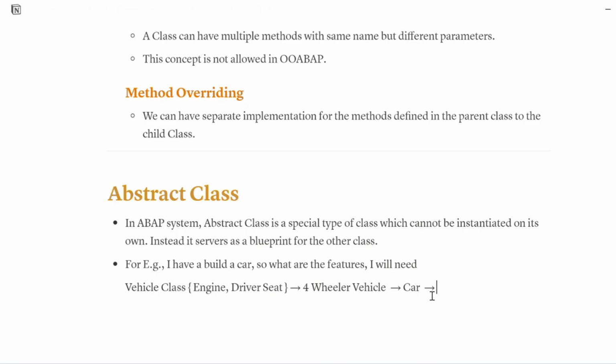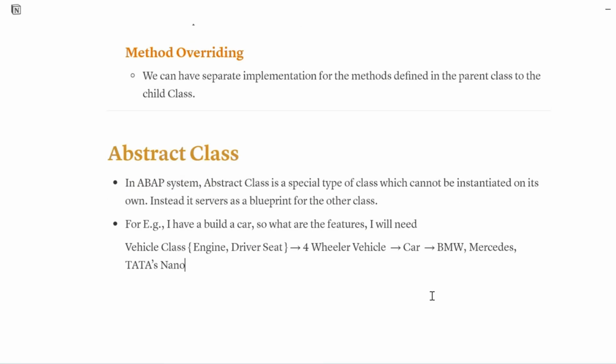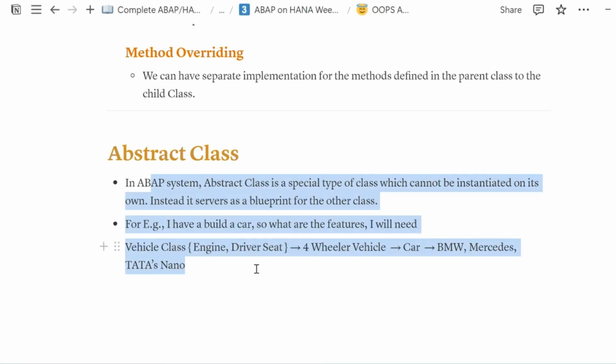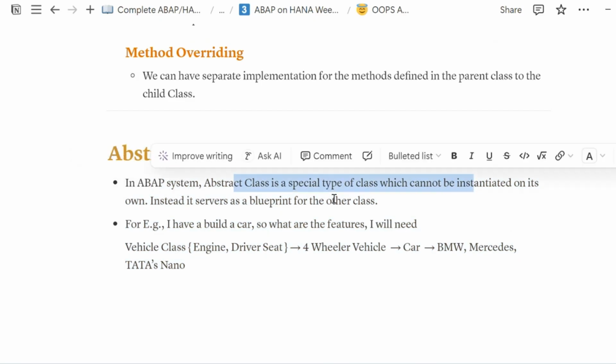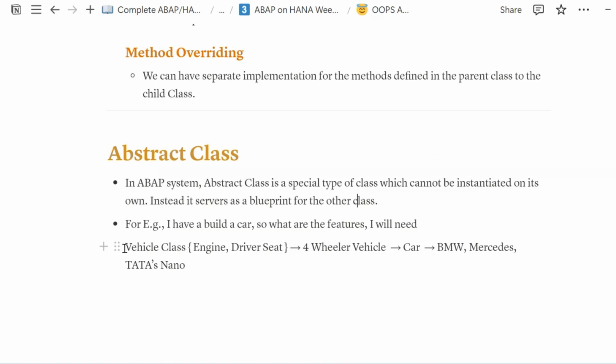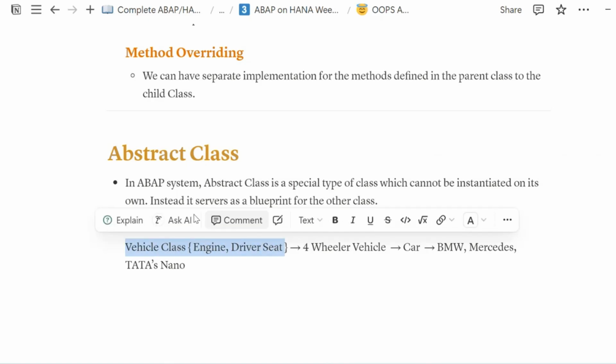Then using the car class, you can inherit to BMW, Mercedes, or Tata's Nano also. So the concept of an abstract class is, instead of directly creating an object, we will never create an object for the vehicle class directly, because it does not have complete features.